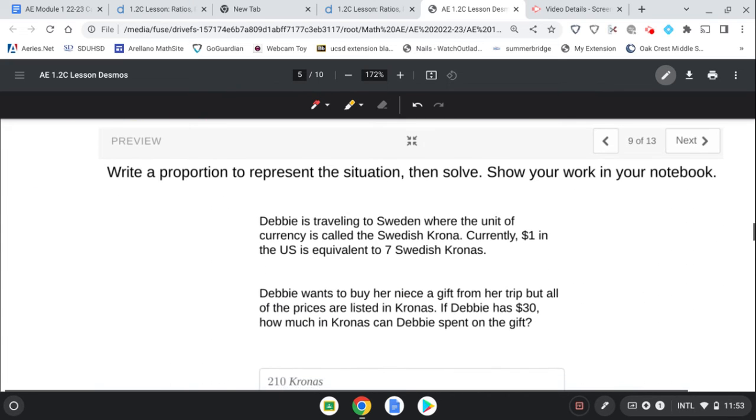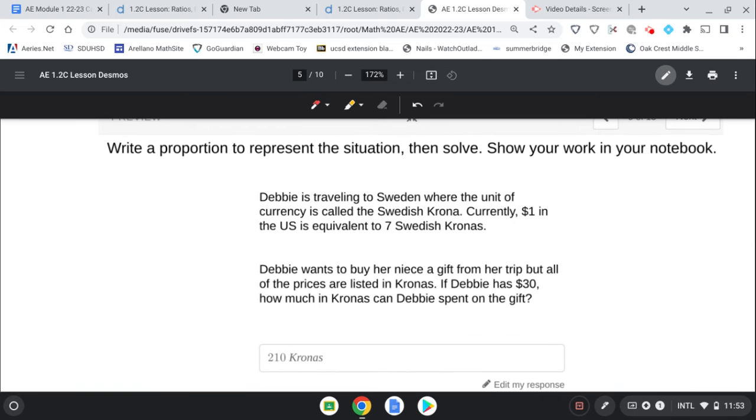Okay, for slide 9. Again, it says that $1 is equivalent to 7 Swedish kronas. Debbie has 30 US dollars. How many kronas can Debbie spend on the gift? So set up your proportion that $1 is equivalent to 7 kronas equals, then on the right side, if Debbie has $30, so 30 would go in the numerator.